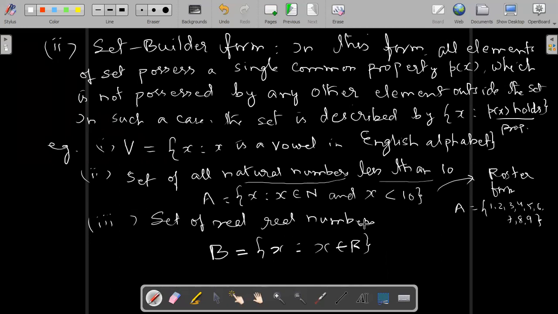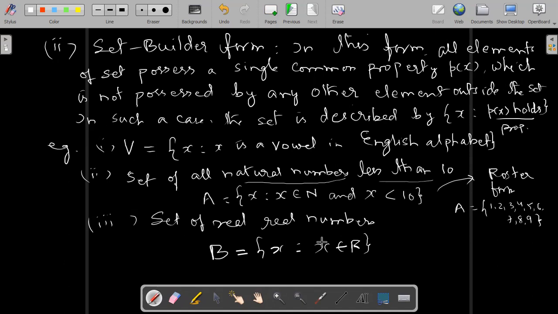So what we have to do, when converting any given set into set builder form, is find out what property the elements belong to. Then, inside the two curly brackets, we take x, y, or z, or any other symbol.